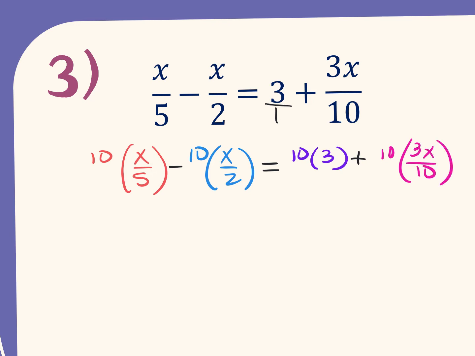Again, I like to do this so I can see what simplifies, but if you would have rather just surround this and then distribute a 10 to each thing, you can. Either way.